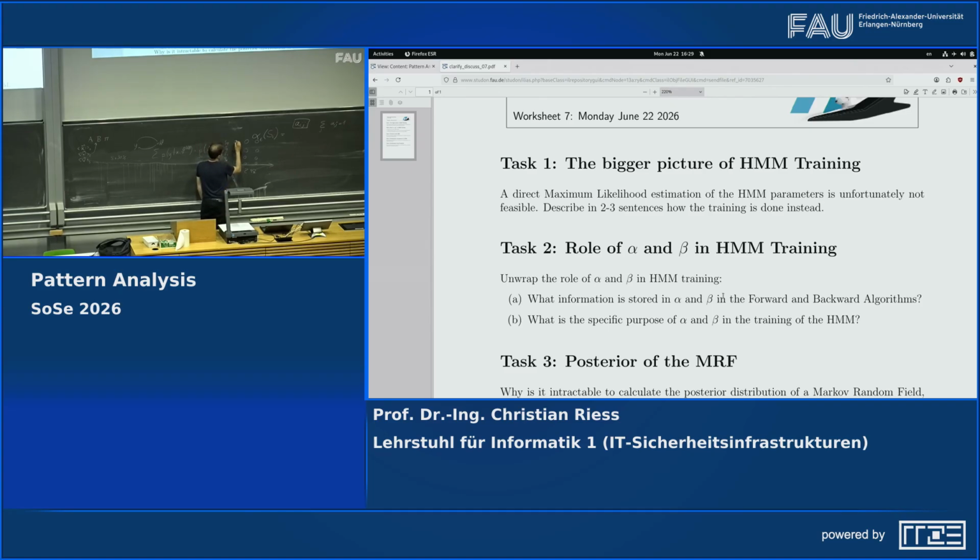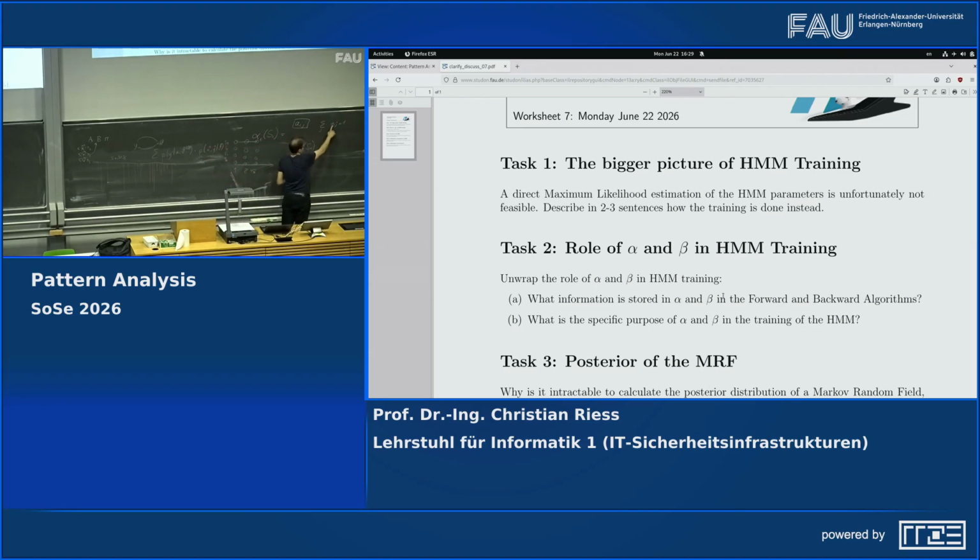What possibilities do we have? We start in state 1, we stay in state 1, we stay in state 1. This is one possibility to be at time 3 in state 1. So let's look in particular at the probability of being at time 3 in state number 1.